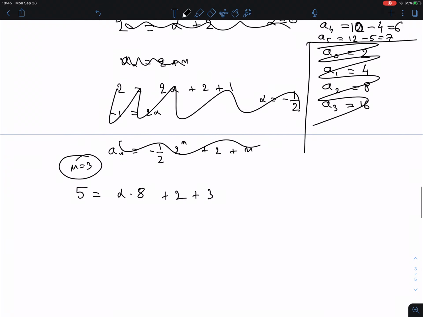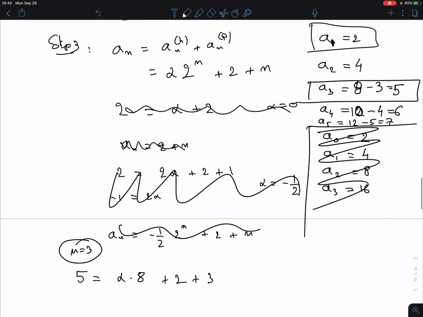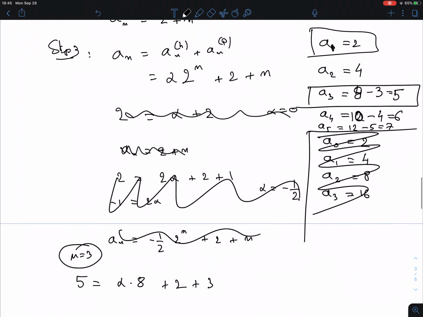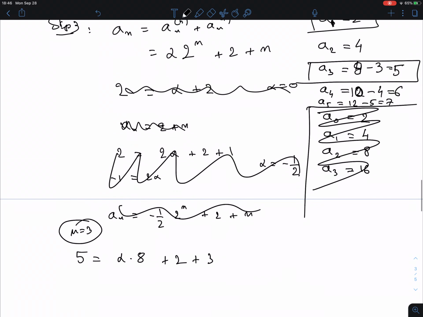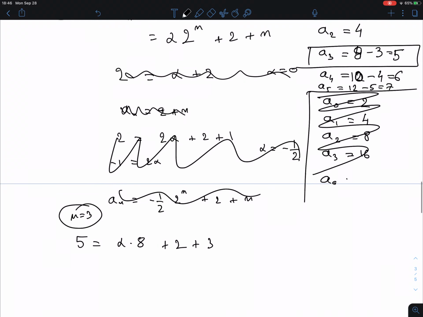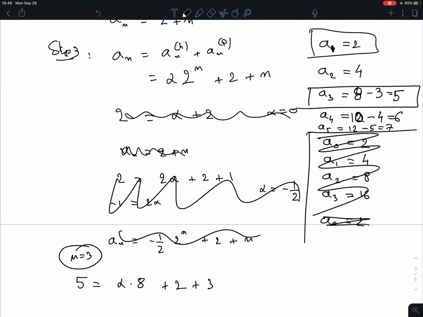No, I can still get alpha is 0. I'm sorry, their initial condition is very vague. They should have told us something more concrete here. So I guess it is what I was saying, in year 0 there is 2. No, I mean it should be working too with this one.